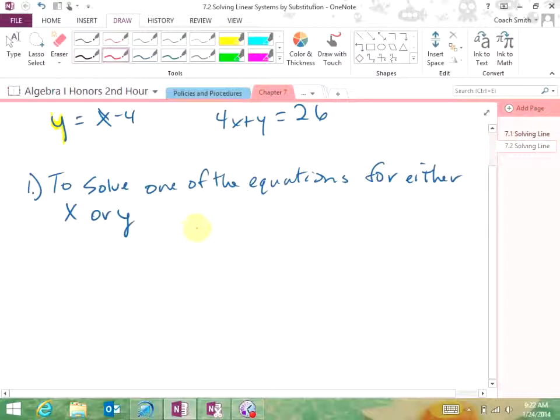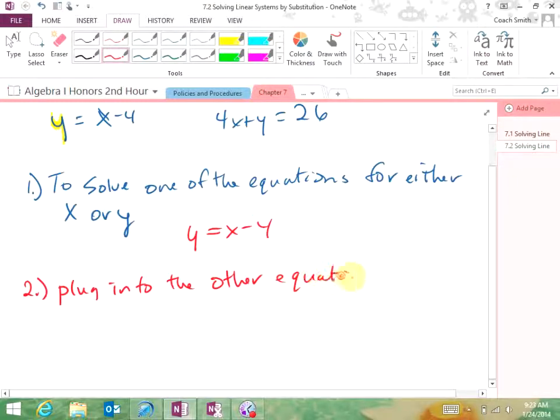Okay, so what I can do then is this. Step 2, so we already have y equal x minus 4. So step 2 is plug in to the other equation the value that you solved for.